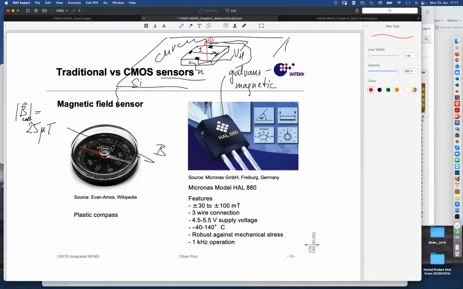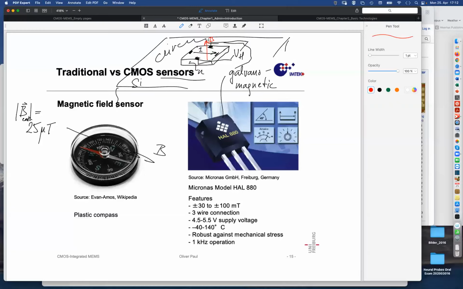The magnetic field goes through almost anything. If you do not want the magnetic field to go through something, you have to apply special magnetizable materials, permalloy or other mu metal, very specialized metals. But otherwise, the magnetic field goes through anything, through this table, through this plastic, through this aluminum.